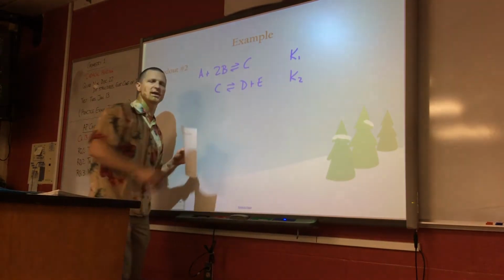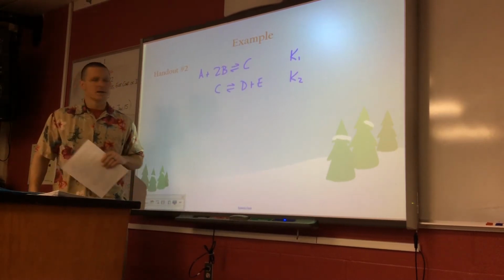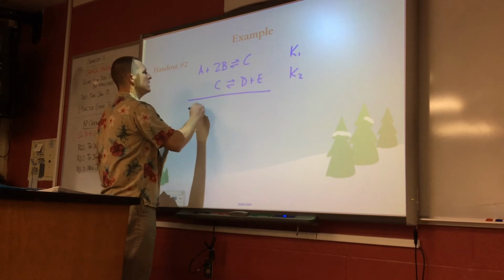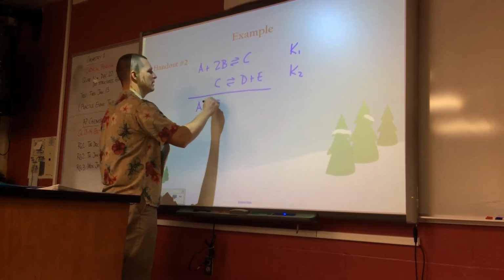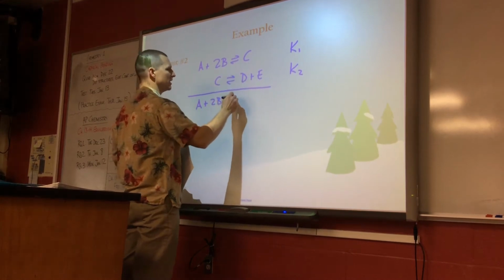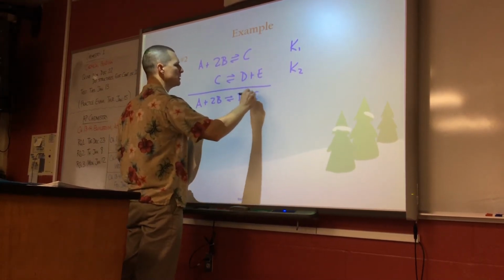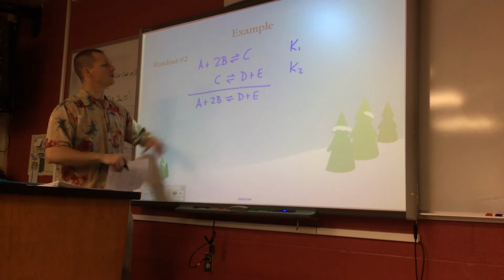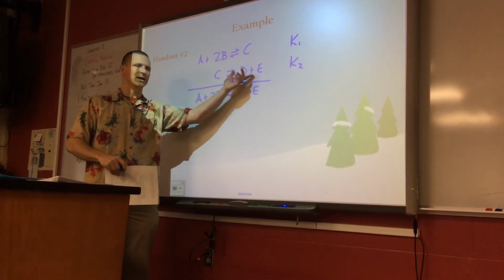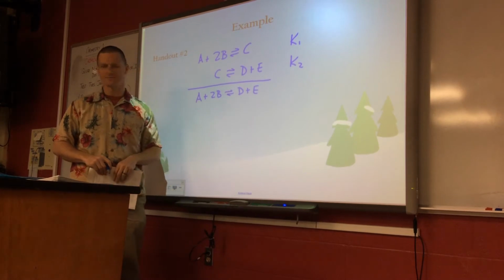They're different equations, so there's 2 different K values. Add those 2 together, we're going to get A plus 2B yields D plus E. Now C is an intermediate here, it looks like, in this whole process. So if you combine A and 2B, you're going to wind up with D and E because it makes C and C makes that. So you just wind up making that.